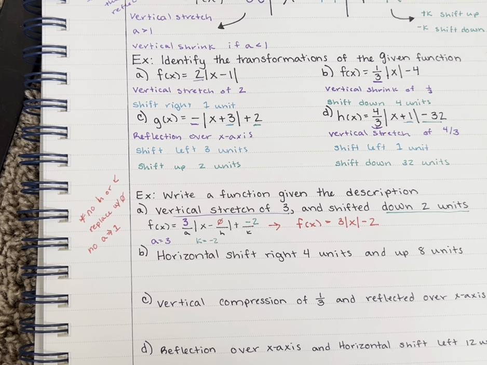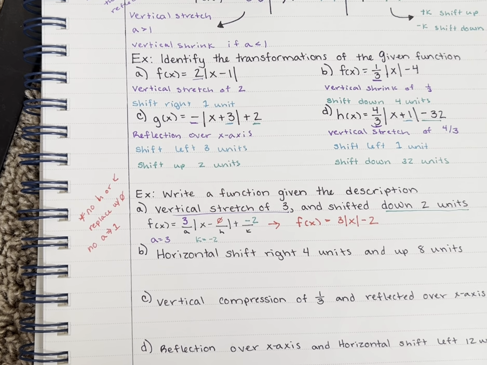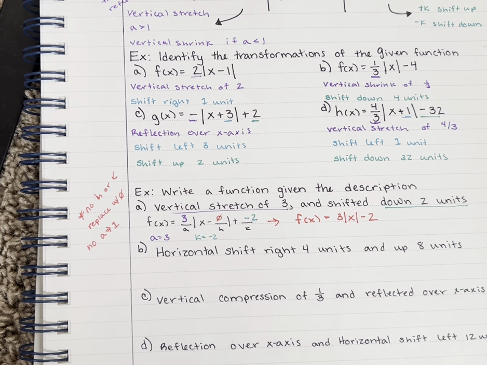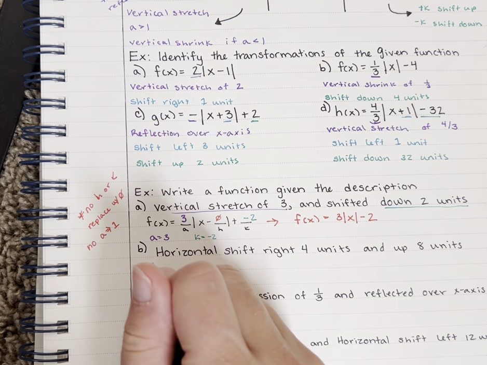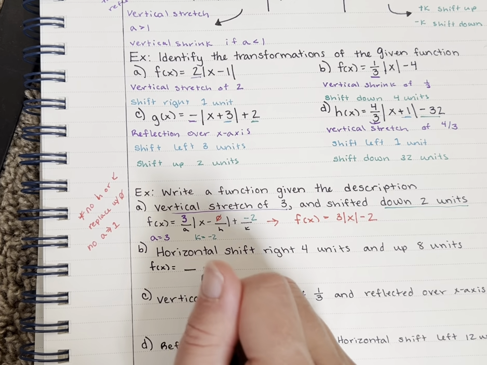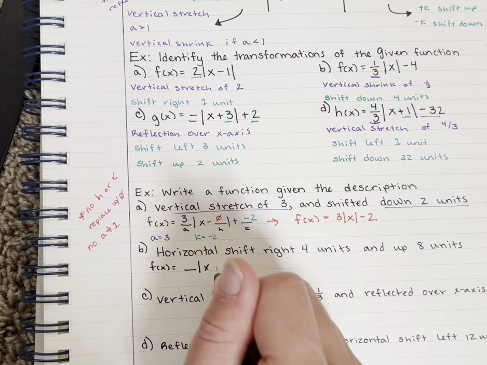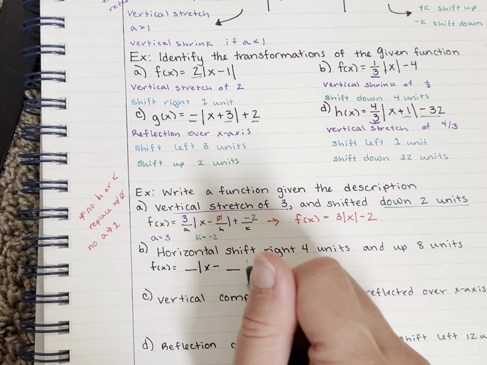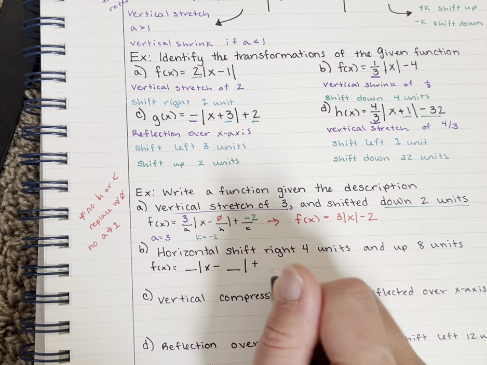Okay, now we're going to do the same thing with a different equation, and this time we're doing the horizontal shift 4 units and up 8 units. So f of x equals blank x minus blank plus blank.